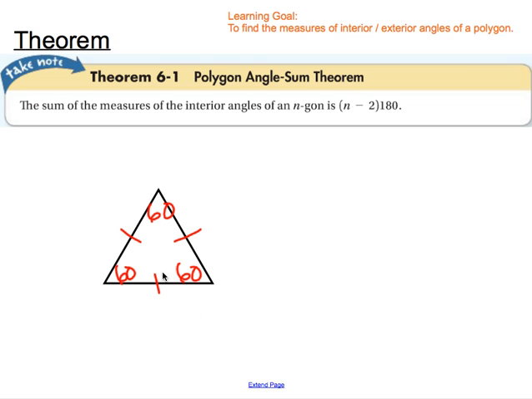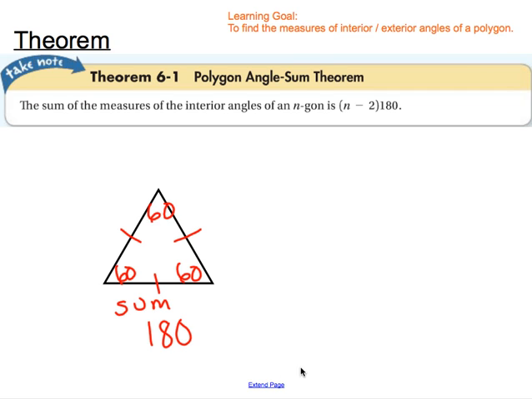Now we know from the triangle angle sum theorem that the three angles of a triangle always have a sum of 180. That's nothing new. This new theorem allows us to extend that just slightly.